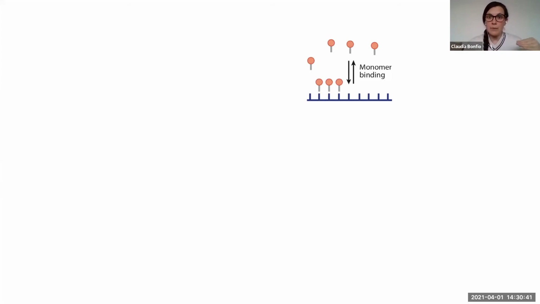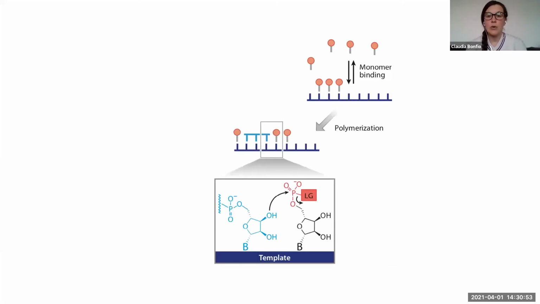And then this filament would need to be interacting with a second filament so that it could form a double strand and then forming the helix. And so what we need to understand as chemists or as biochemists is how this can happen, how we can bind together all the monomers.